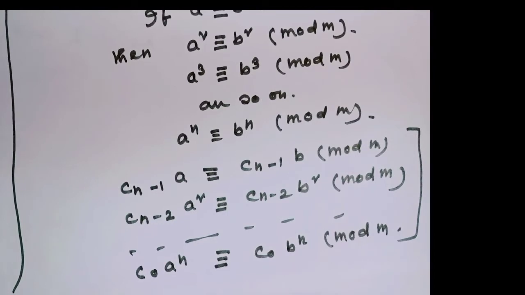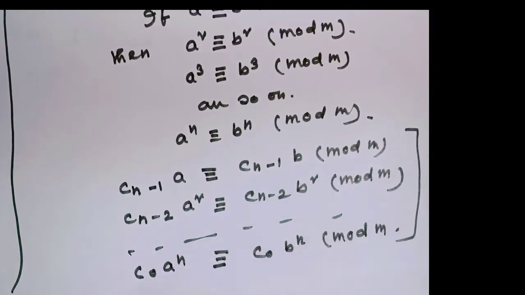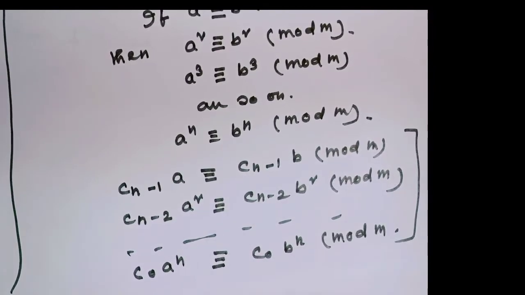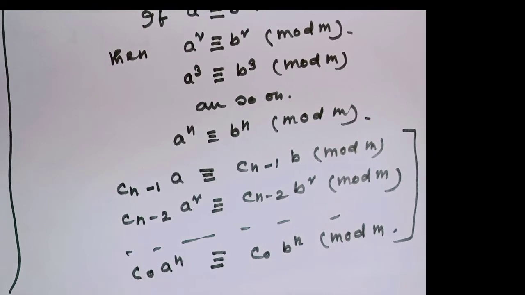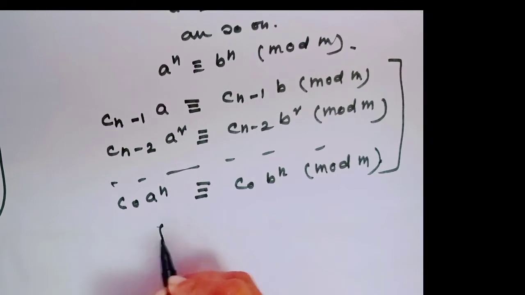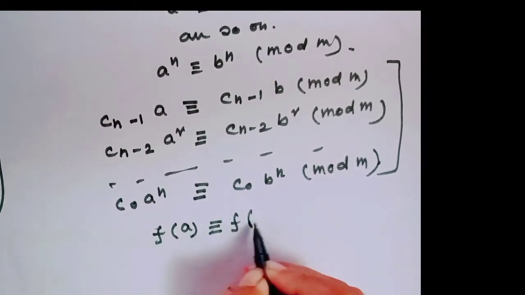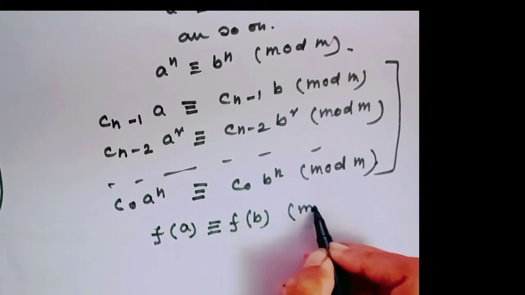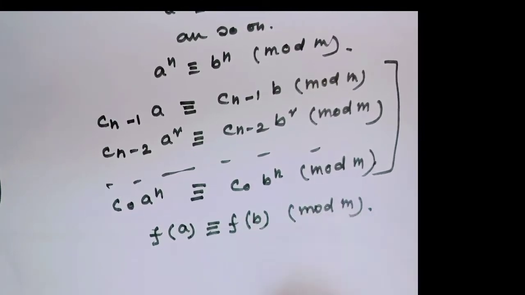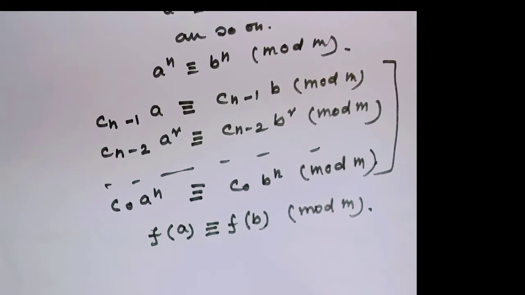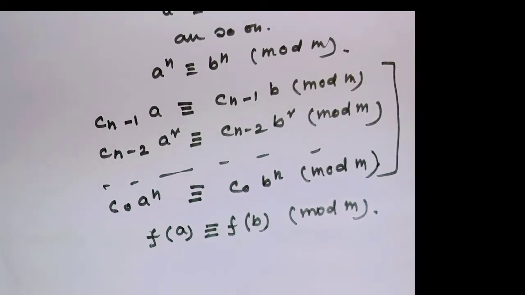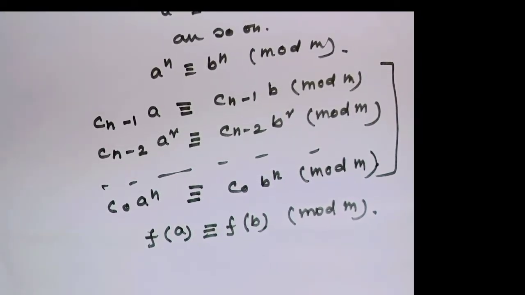Now adding these terms, after adding we get f(a) ≡ f(b) (mod m). Okay, have you understood the theorem?